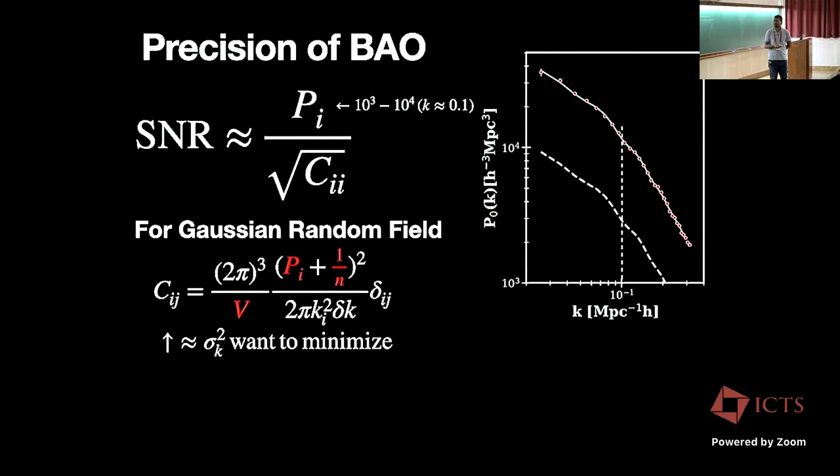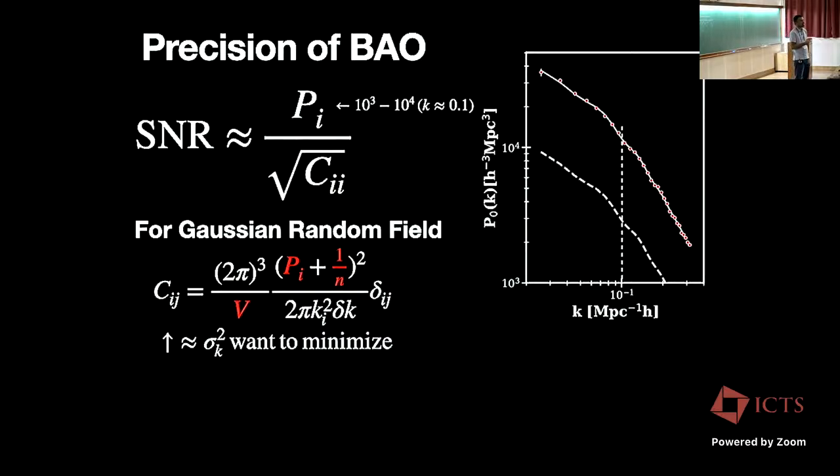This is not exact for nonlinear scales, but it's a very good approximation for linear scales, and BAO is mostly linear scale. Although even for BAO, to do precise analysis you have to do something more carefully, in a Gaussian random field this is good enough to do this kind of exercise. So for a Gaussian random field, you can calculate what the variance of the field looks like.